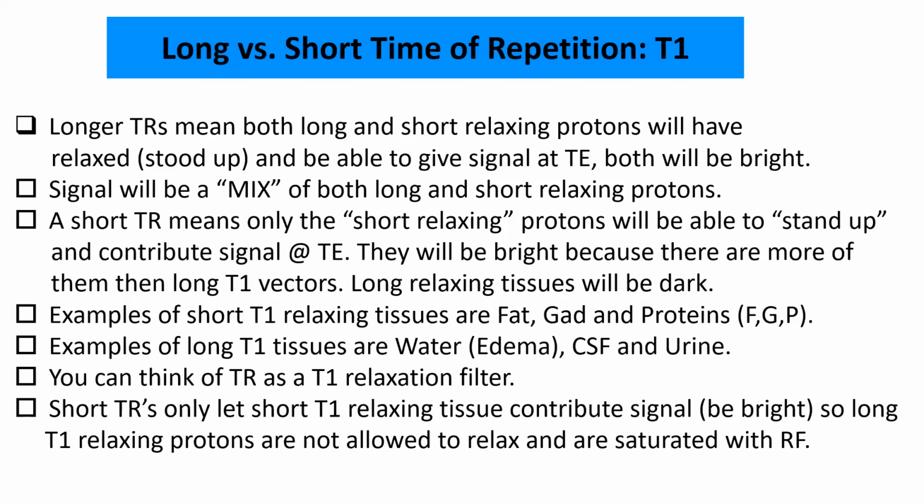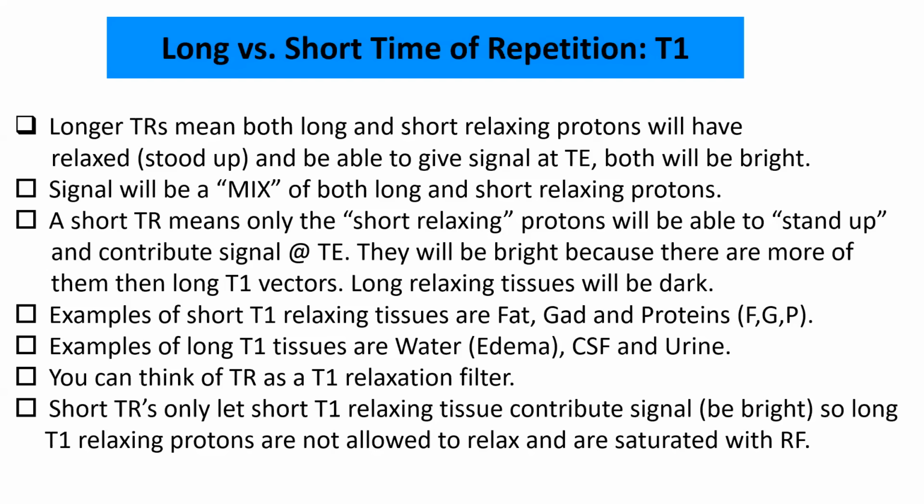They will be bright. There's more of those short T1 relaxing tissues in the transverse plane at TE than the long ones. Examples of short T1 tissues I've already given you: fat, gadolinium, protein. Those are the three biggies, FGP. Long T1 relaxing tissues are water, AKA edema, CSF, and actually urine, because those are both mostly water.